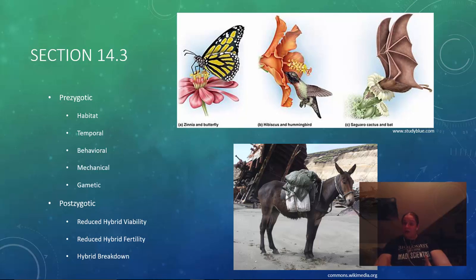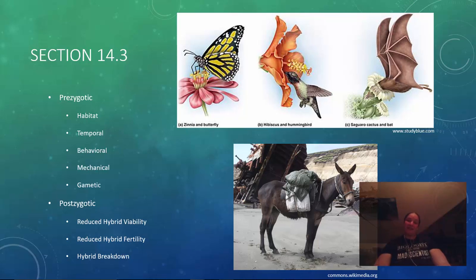They all need pollinators, but the shape of each flower is designed to best suit a particular type of pollinator, and that pollinator isn't going to go to a type of flower that it isn't suited to. So that helps prevent, say, the saguaro cactus from coming in contact with the zinnia. Very, very different shapes.